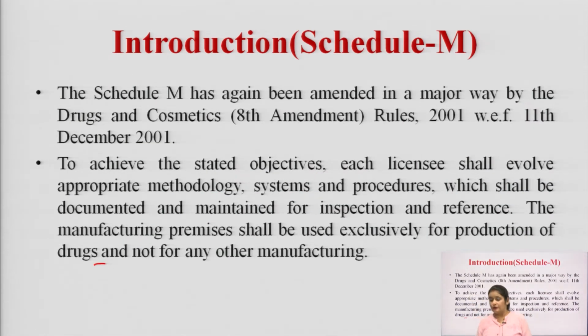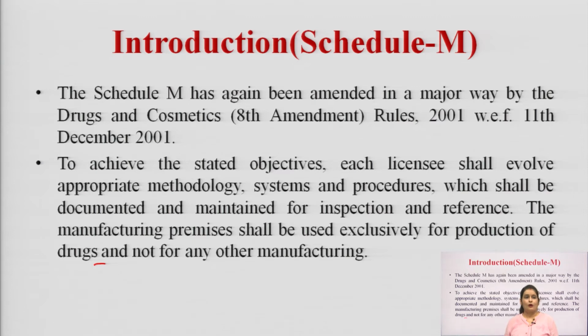So, let us discuss the introduction part of Schedule M. Schedule M has been again amended in a major way by the Drug and Cosmetic rules. It is the 8th amendment of the D&C rules in 2001, effective on 11th December 2001.